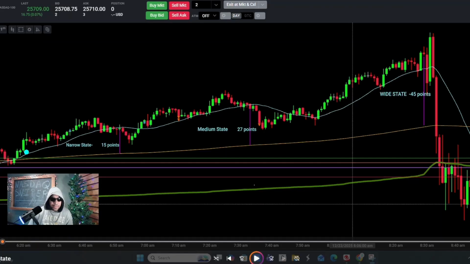So we look at pre-market, the first 2-3 hours leading up to the open, to understand, okay, what is a wide state compared to a narrow state?